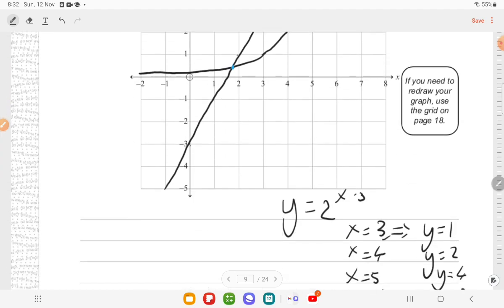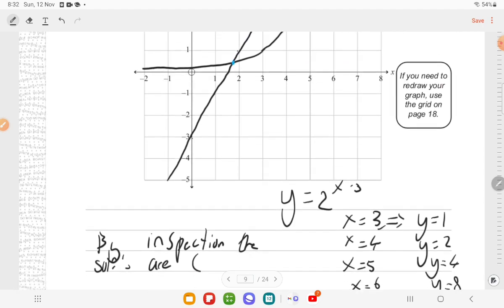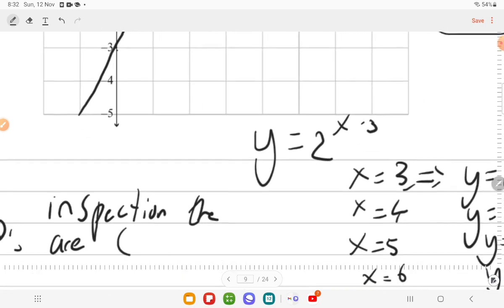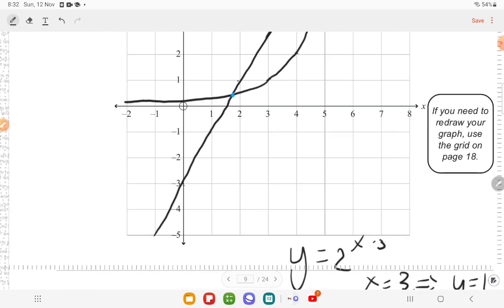By inspection the solution looks like around 1.7 and around 0.5.